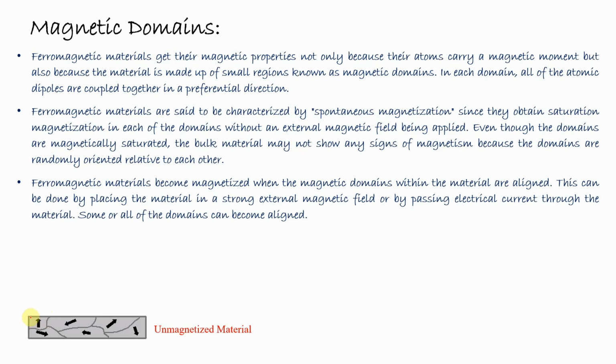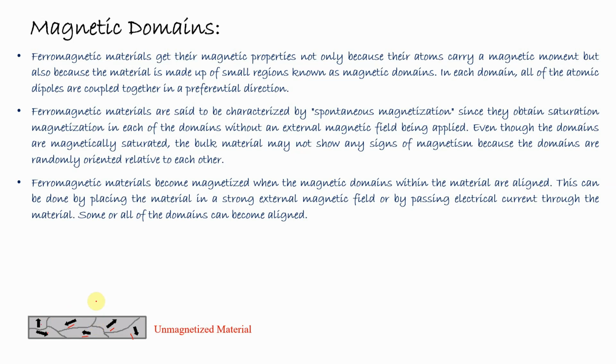So the individual domain is always considered as a magnet. But generally during the unmagnetized condition, these domains are randomly arranged. That is shown here. These are the domains that are randomly arranged. So the overall magnetic property will be zero.